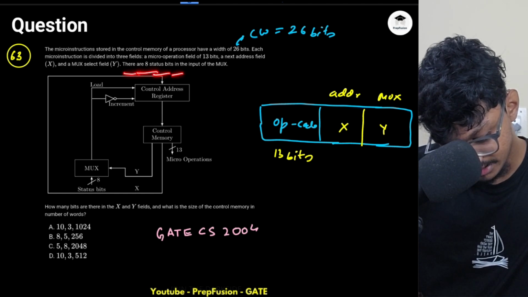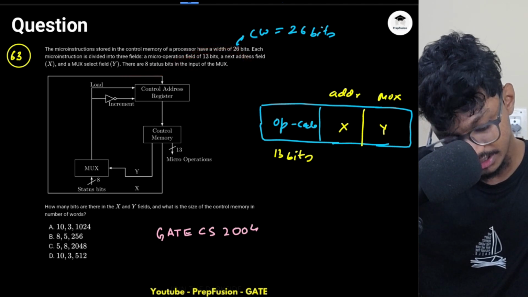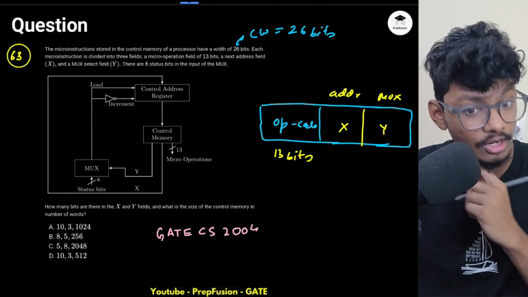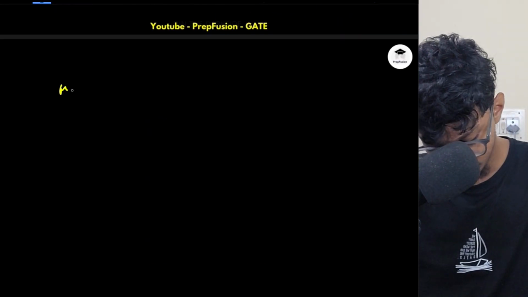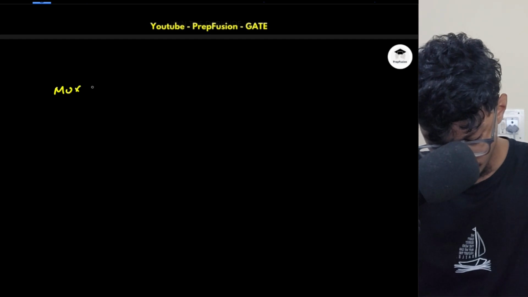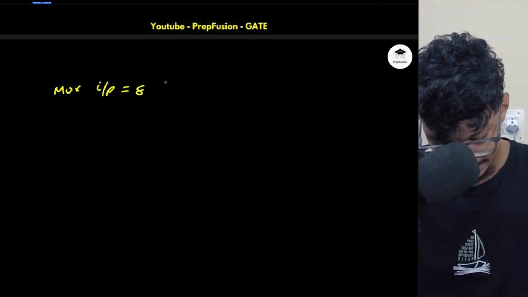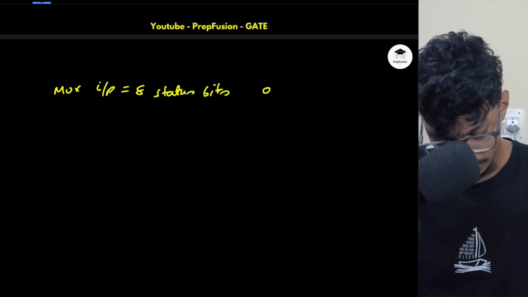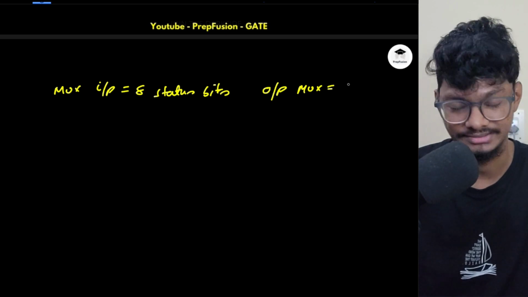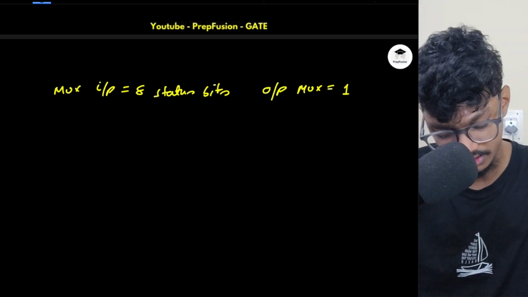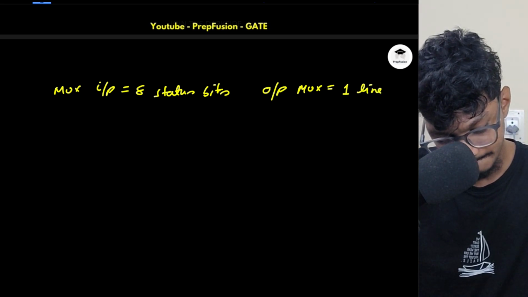There are 8 status bits in the input of the mux. How many select lines will I require? The input of the mux is 8 status bits, and the output of the mux, as it's always a multiplexer, will be one line.